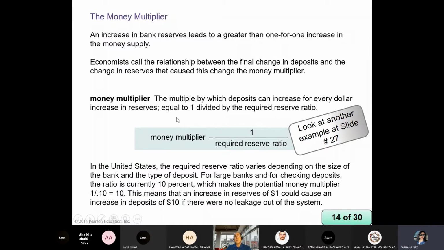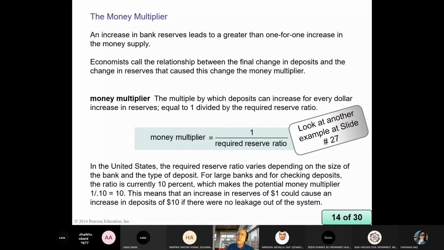Okay. So when Salim deposits 100, it becomes a reserve of 100. The total increase in deposits equals 500, 100 times 5. From where I got 5? 1 divided by required reserve ratio. So in this case, the commercial banks create new money when loans are converted into deposits.